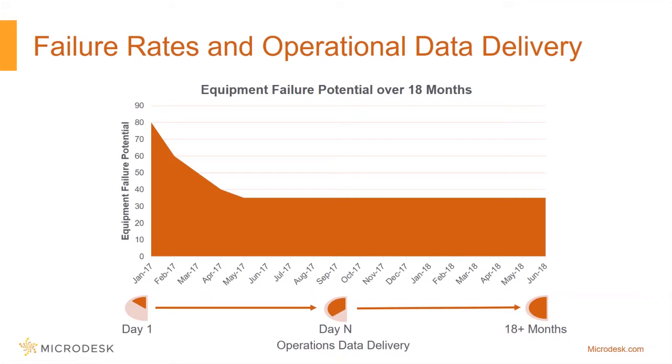A new piece of equipment is installed, and within the first 30, 60, 90 days it may fail. If you think about it, when you buy a new car, or a piece of electronics, or anything, there's typically a short period, like a 30-day warranty.